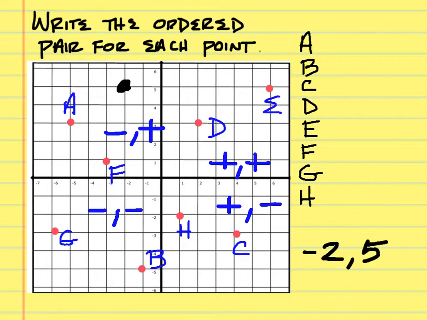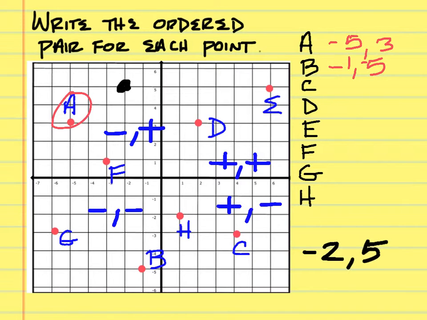The first one goes to Porter. What is point A? Point A is negative 5, 3. That is right. Next one goes to Ramey. What's B? Negative 1, negative 5 is right. Next one goes to Reinhardt. What is C?